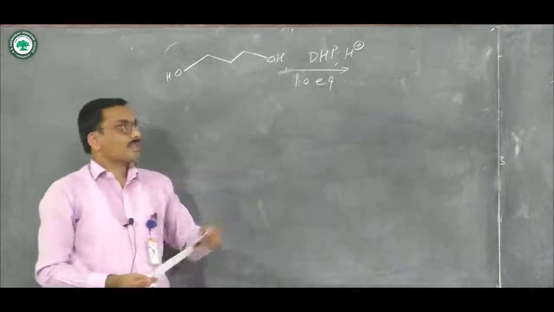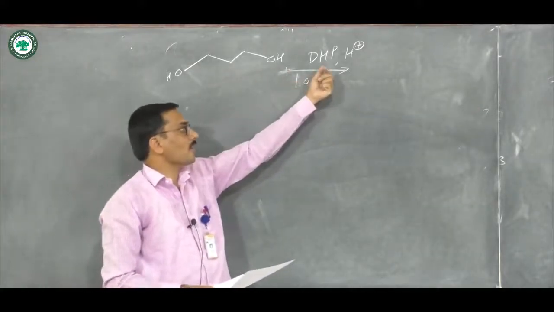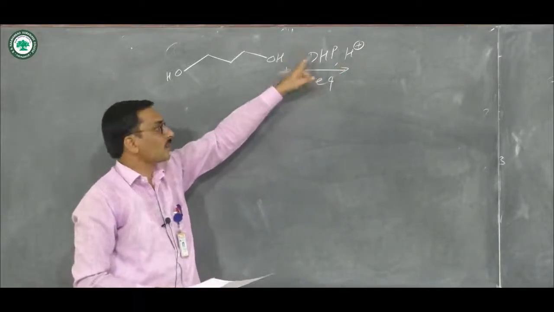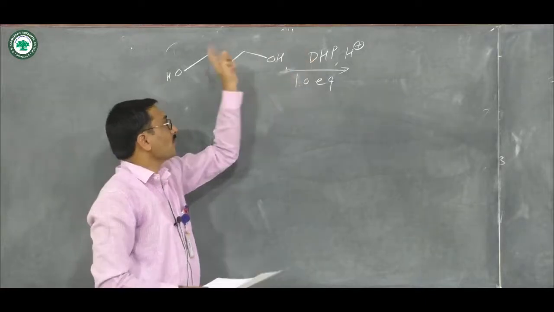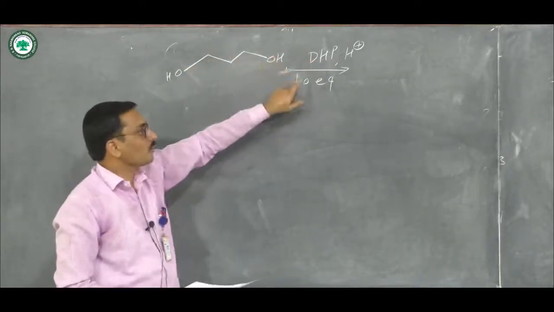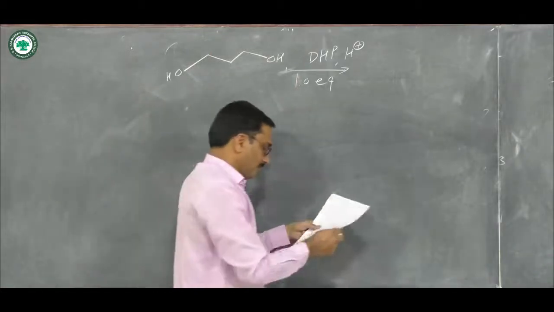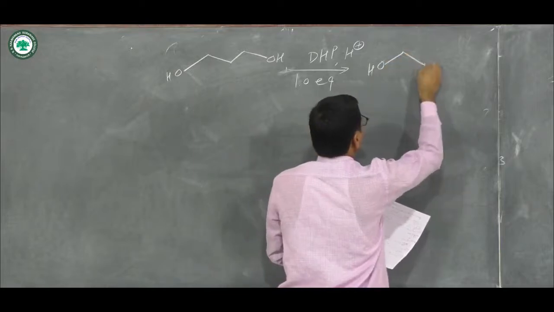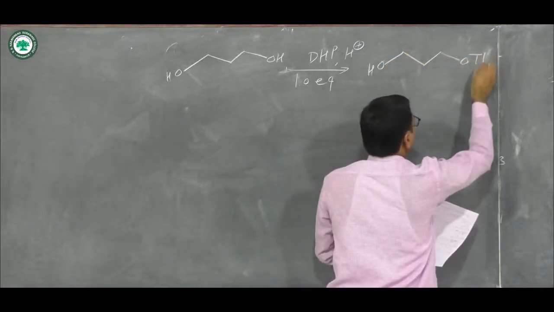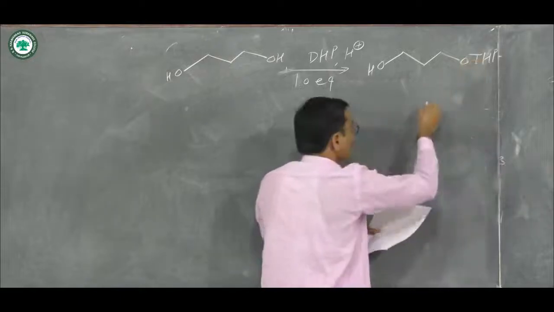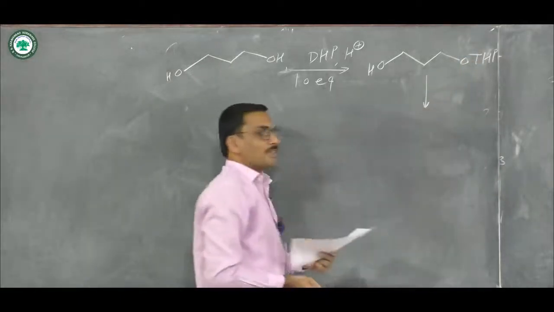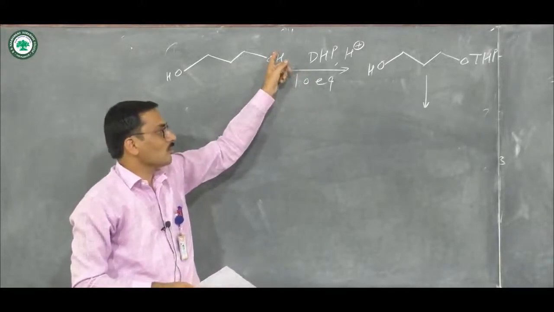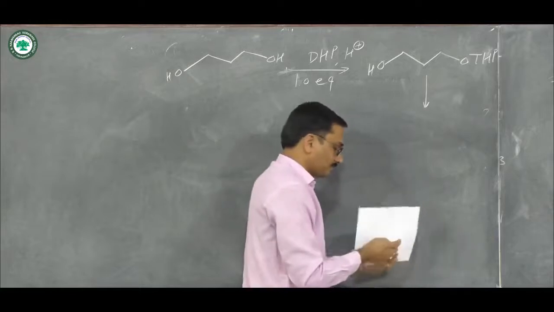So DHP means dihydropyran. Here we have provided only one equivalent of DHP, that is dihydropyran. So this dihydropyran acts as a protecting group for OH, but in this case we have given only one equivalent. So in the presence of one equivalent of this DHP, only one alcohol undergoes protection as OTHP.